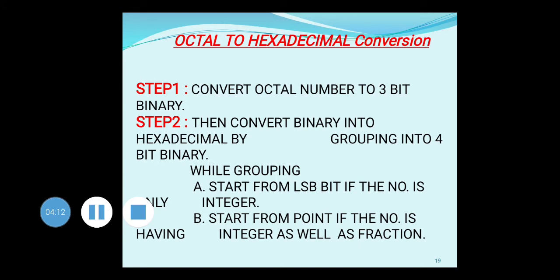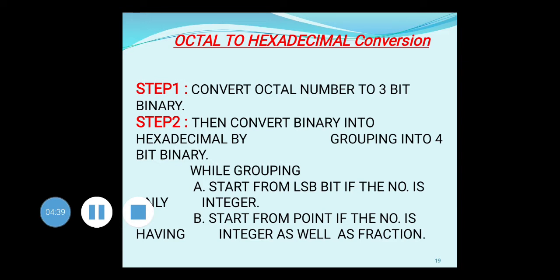There are certain rules for this octal to hexadecimal conversion. So the very first thing is, whatever octal number is given, convert it into 3-bit binary as we have studied. Every digit you are going to represent by 3-bit binary.